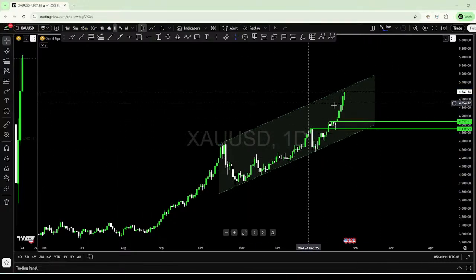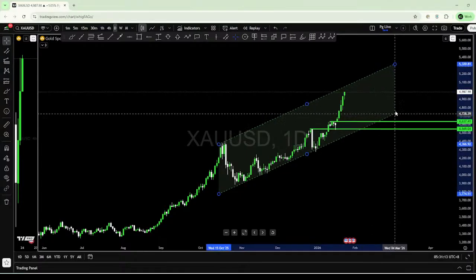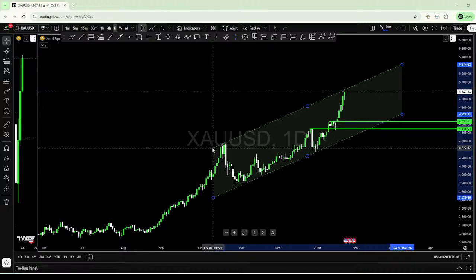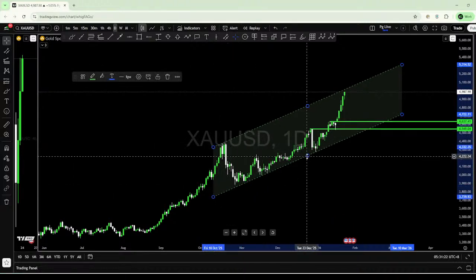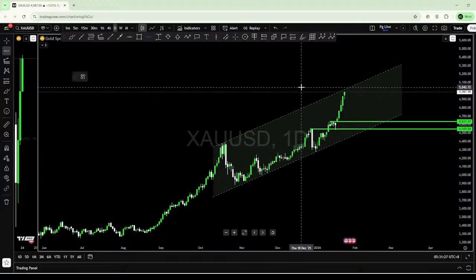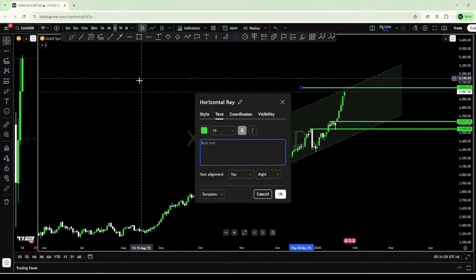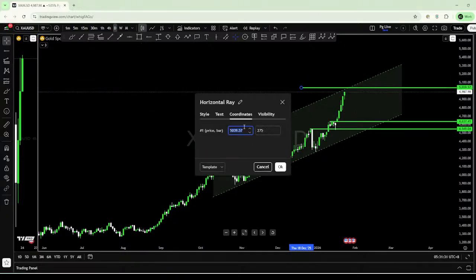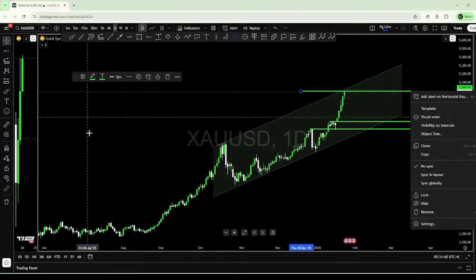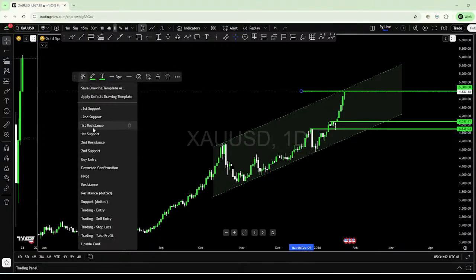I could say, based on a trend line on a channel, I will just put the exact round number for the resistance that I'm looking at right now, the 5,000. For this first resistance, I just use the psychological number first.